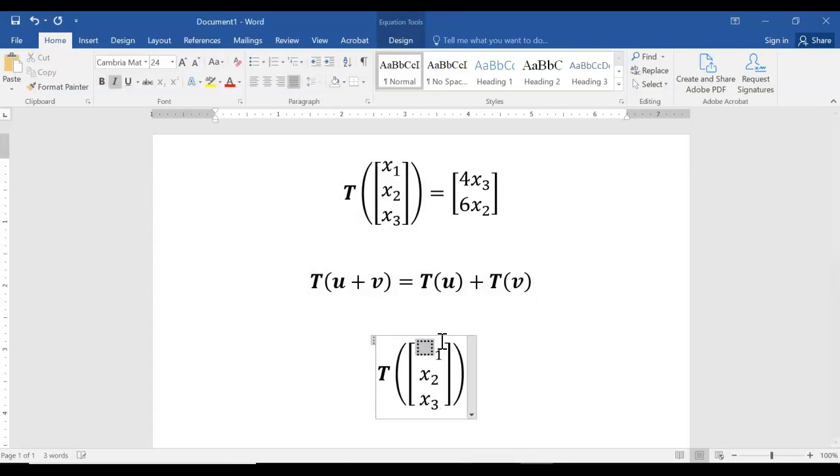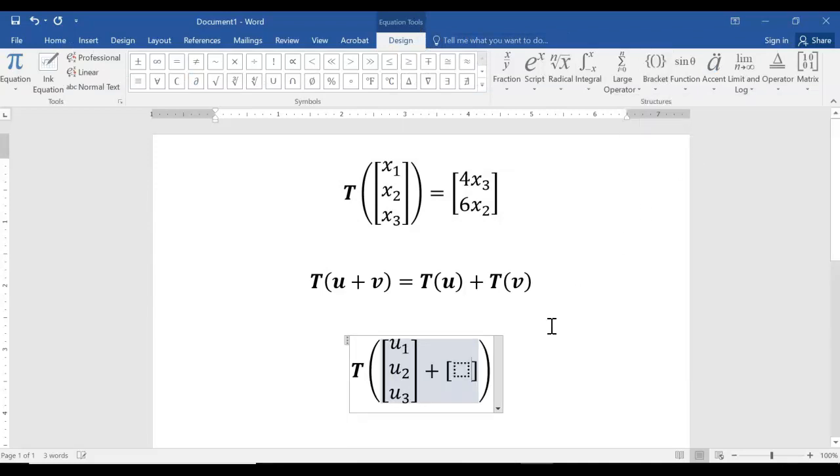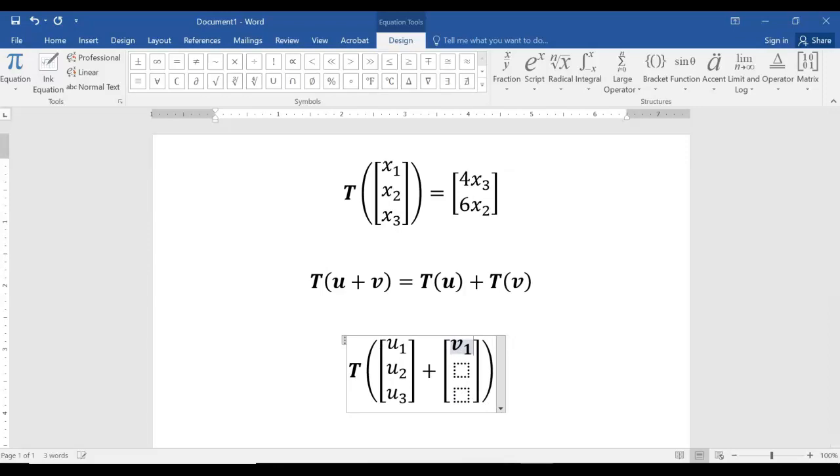If I plug in an arbitrary u, I can pretend this is u1, u2, u3 as the vector u, and an arbitrary vector v we could write as v1, v2, v3. Now the left-hand side wants me to add these things first.